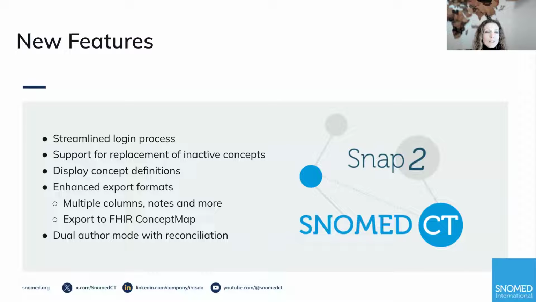And then, of course, the very big thing is the dual authoring mode that we now support, so that in contrast to what you saw Alejandro do, where you have a single author and a single reviewer, you can now have multiple people mapping the same concepts.